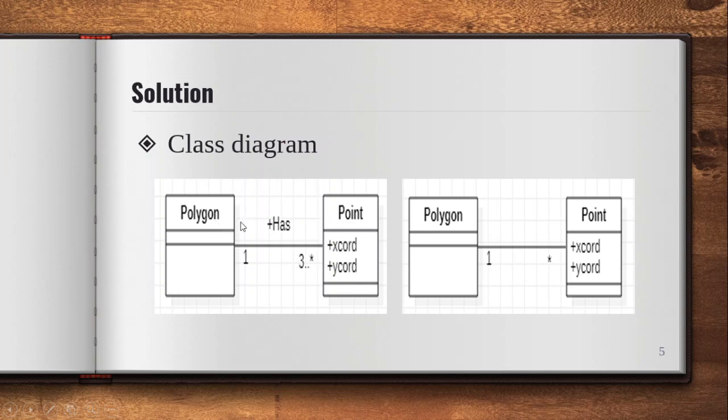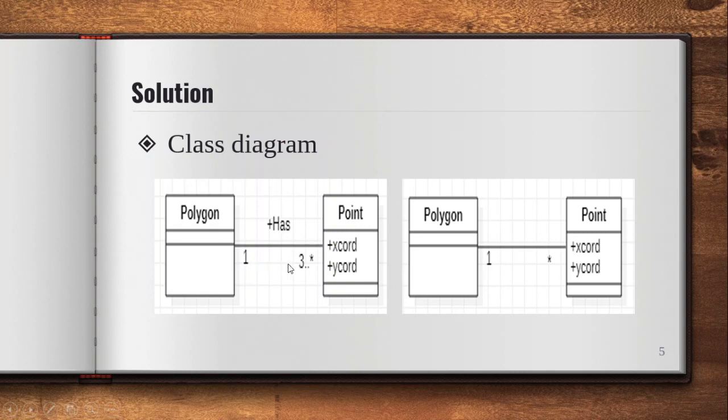Based on this we convert the object diagram into the class diagram. There are two classes, polygon and point, and in the point class these are the two attributes, x coordinate and y coordinate. Between these two there is an association named has.